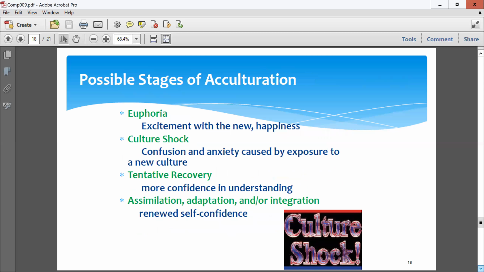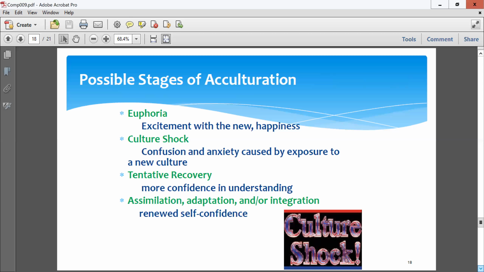When students are being acculturated, there are stages. You can be very excited at first and then be in culture shock, which can be anxiety and confusion. Then they say you have tentative recovery, where you think, okay, I'm settling in.